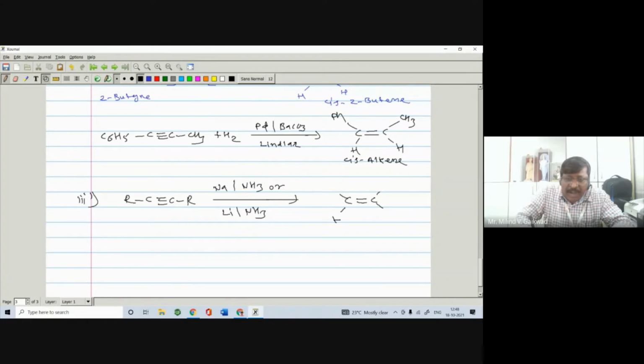It means one hydrogen will add from the lower side and the other hydrogen will add from the upper side. So you are getting the corresponding trans alkene.